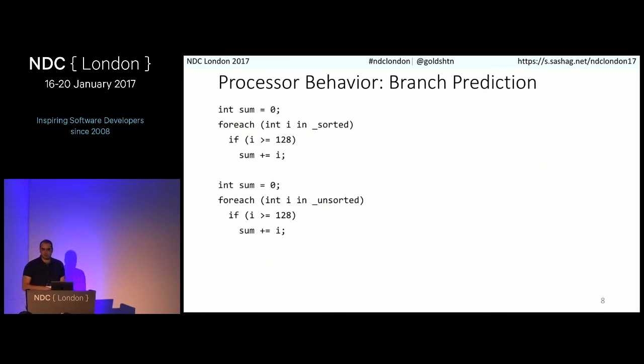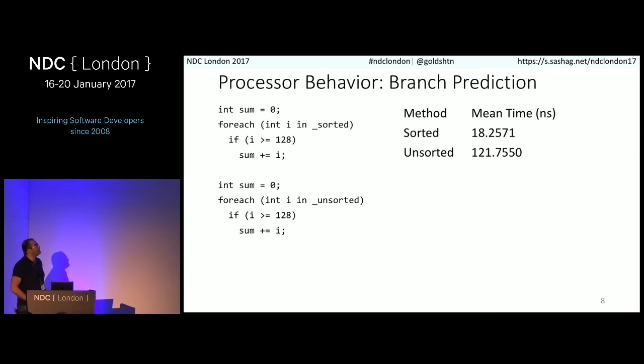Indeed, if you look at the 2 code snippets, this is what you see. It's essentially the same code, which goes over an array of numbers and adds together all the numbers greater than or equal to 128. Now, in the first case, the array is called sorted, and in the other case, it's called unsorted. And that reflects reality. The sorted one is sorted.